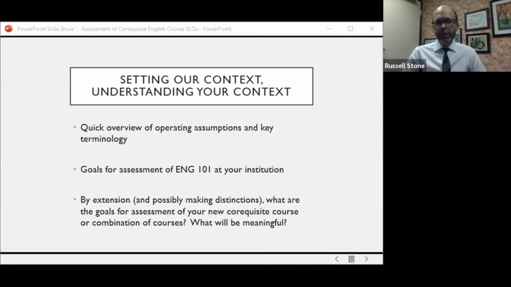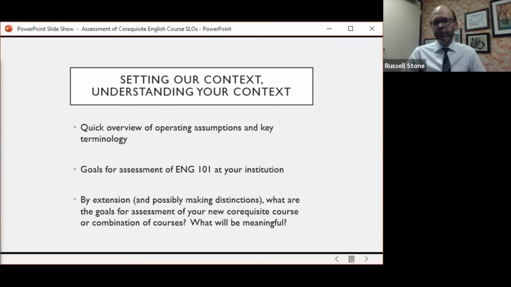And we also encourage you to think about what meaningful assessment would accomplish for you. What would the goals of your assessment be? Meaningful is going to have different connotations for different offices, programs, and institutions. It's often informed by local context.